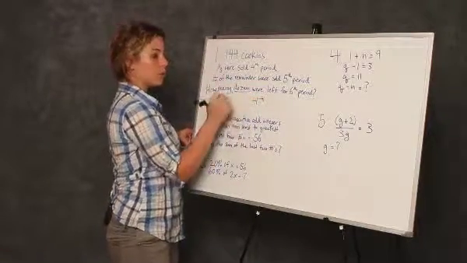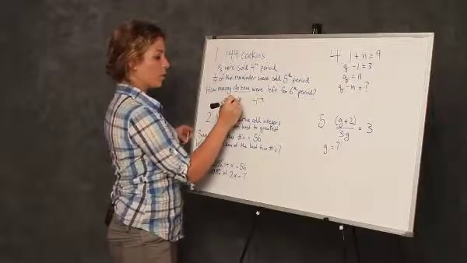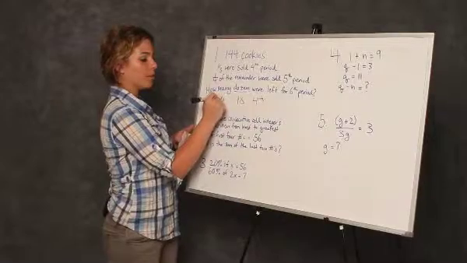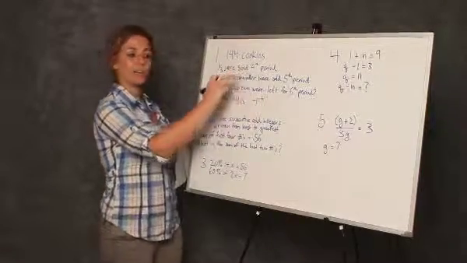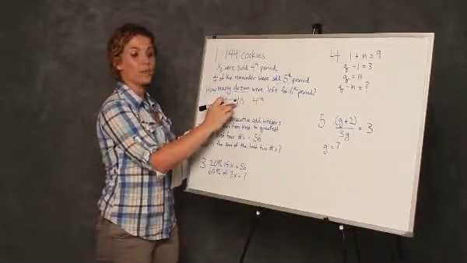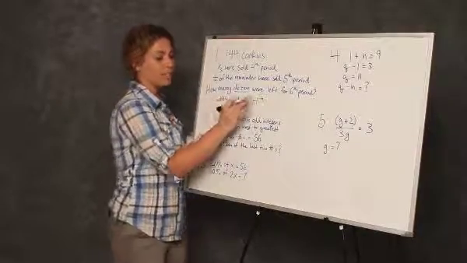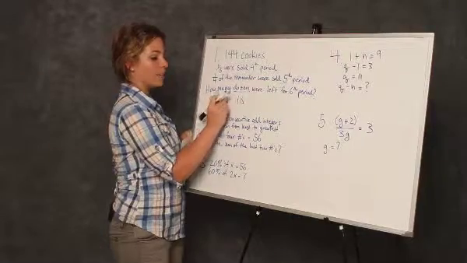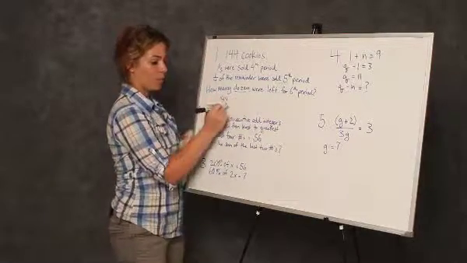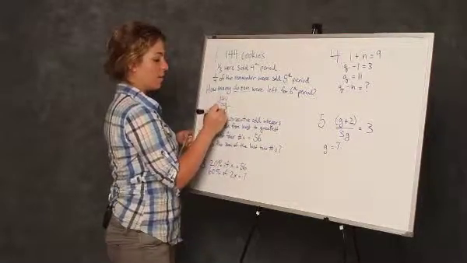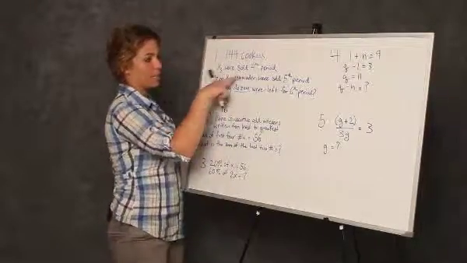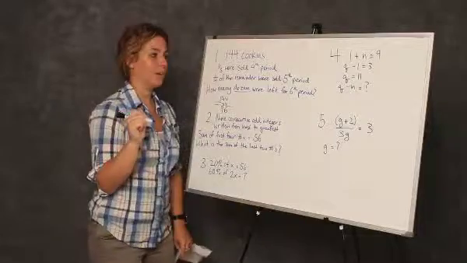So if we started off with 144, and then in 4th period, we sold 1/3, which is 48 cookies, that means that we're left with 144 minus 48. So if we subtract those, we end up with 96 cookies to start off 5th period.